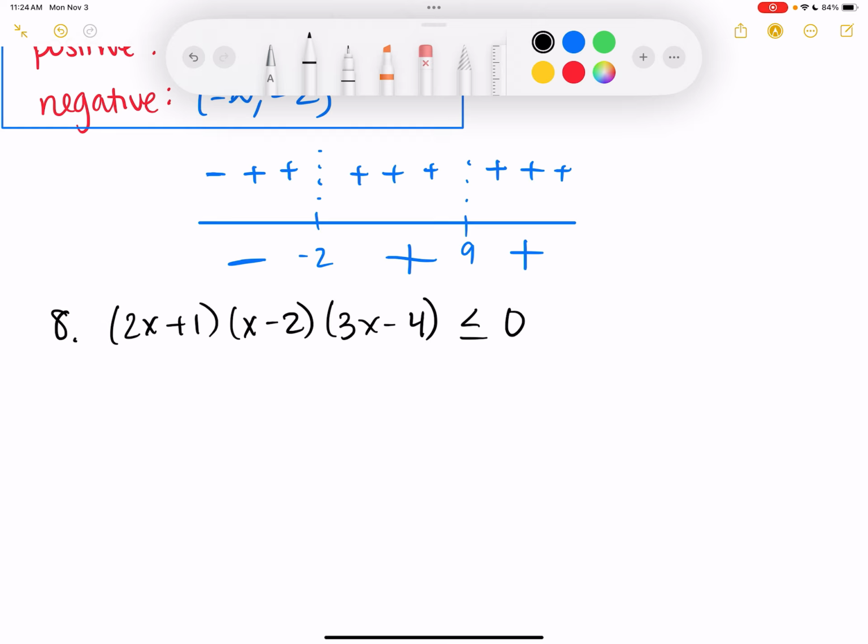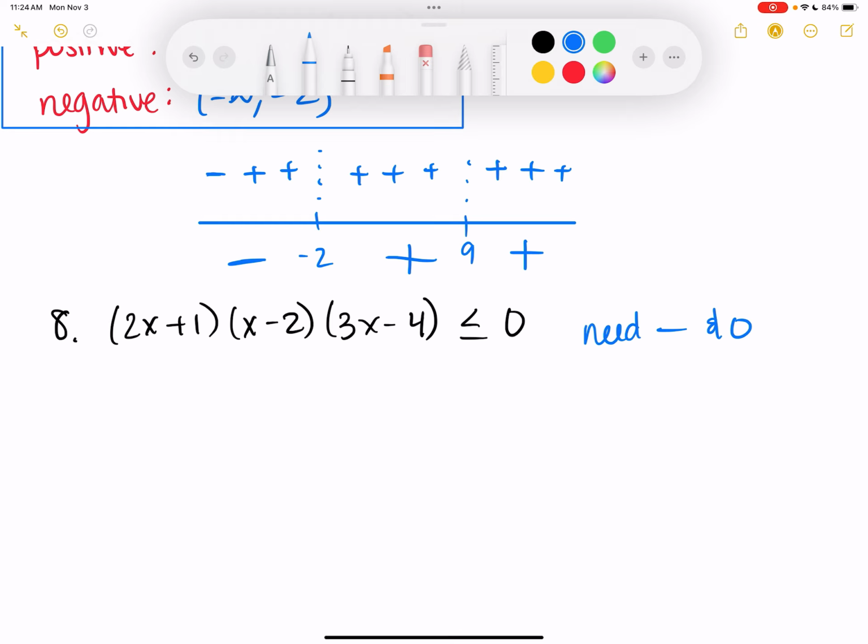I need values that are less than or equal to 0. So what does that mean? What values do I care about when I do my sign chart? Negatives and 0. So I would note that somewhere so that you don't forget it. And a lot of times the zeros are just going to end up being the capped ends of your intervals.